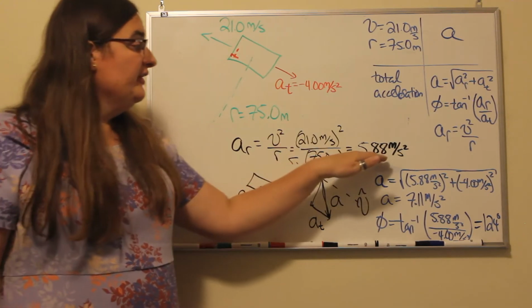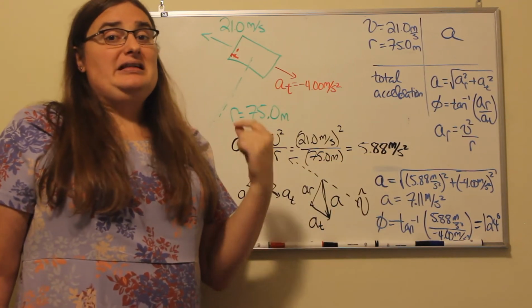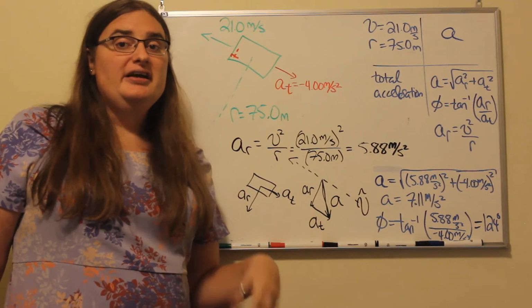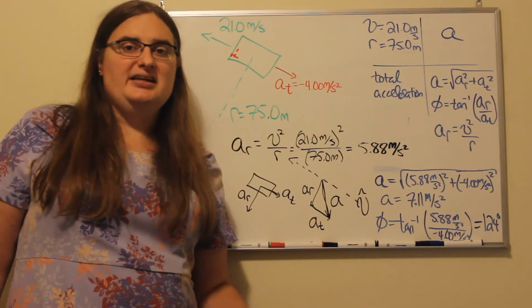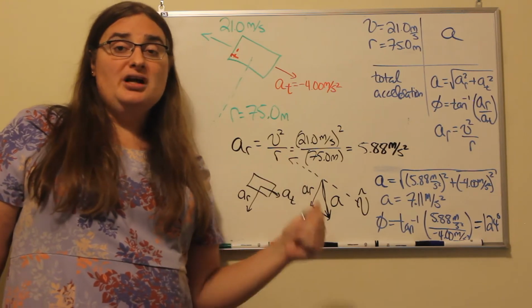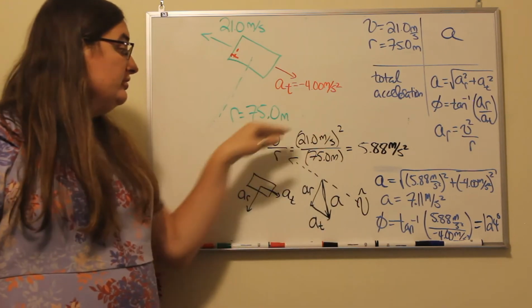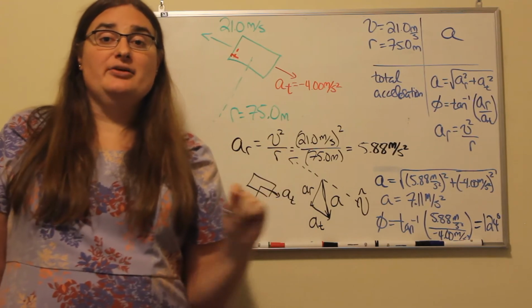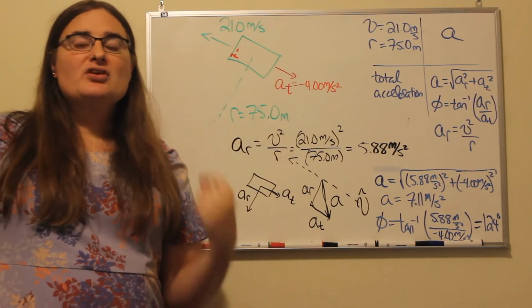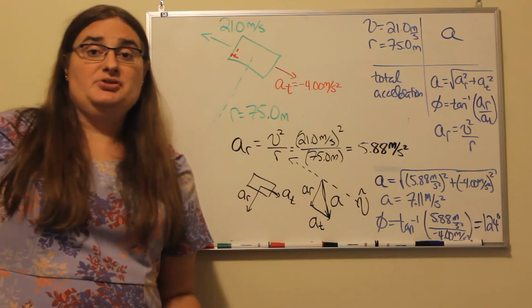Even if you have very grippy tires, that much sideways acceleration can be very disconcerting. And it's tempting to do things like slam on the brakes. And the thing is, even if you're trying to slow down, which would lower that radial acceleration, the faster you try to do that, the more dangerous it becomes.